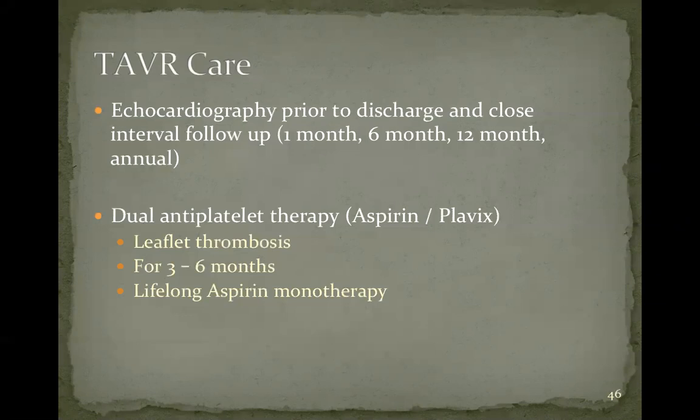There are not definite guidelines on dual antiplatelet therapy, but there has been real leaflet thrombosis being seen. You can also have complications with TAVR, such as perivalvular leaks, so routine echocardiography is appropriate. And always make sure your patient's symptoms are improving and aren't worsening.